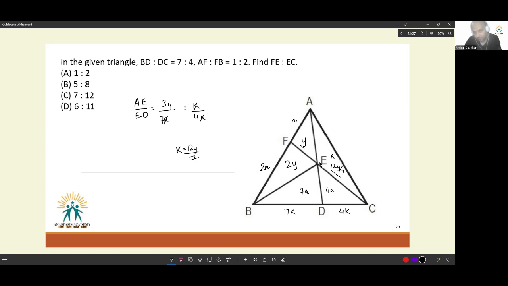They will be in the same ratio as FE by EC, which will be y upon 12y by 7, which will be equal to 7 by 12, so option C will be the answer. All these questions in which angle area formulations need to be done are slightly tricky for me, or at least I have a eureka moment whenever I figure out what path needs to be taken.